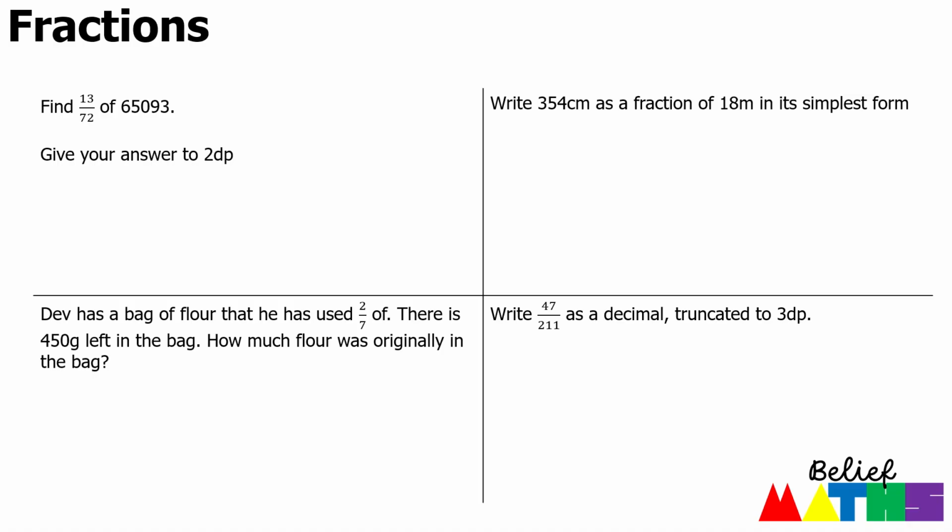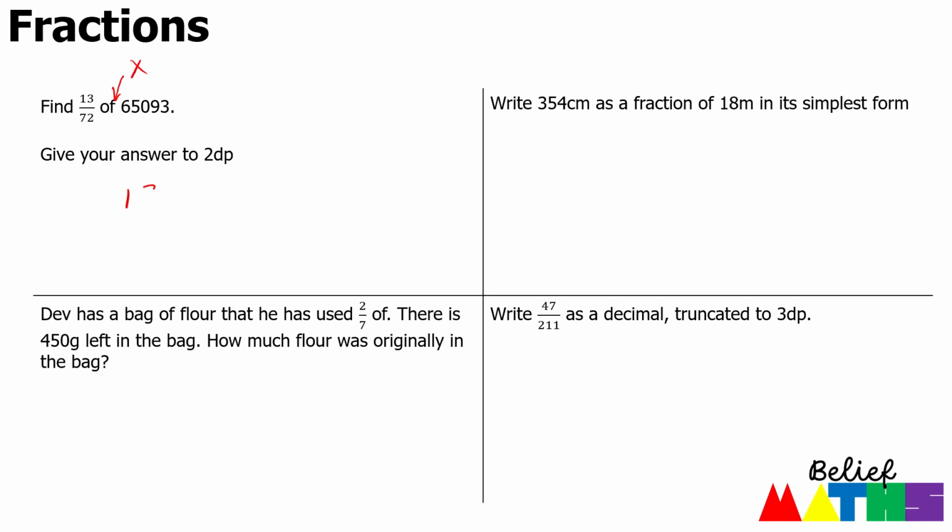Now, fractions again is another important component in each of these. So if we're asked to find a fraction amount, so for example 13 over 72 of 65,093. Now normally we'd say, well, we divide by the bottom times by the top. You can do that, but on a calculator this word of just means multiply.